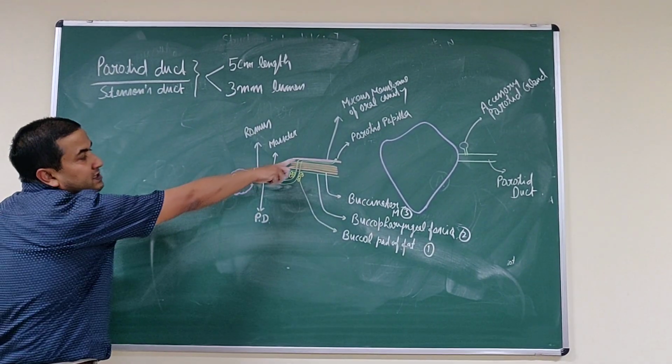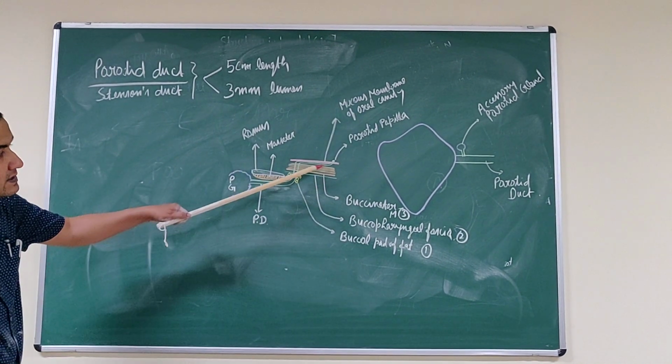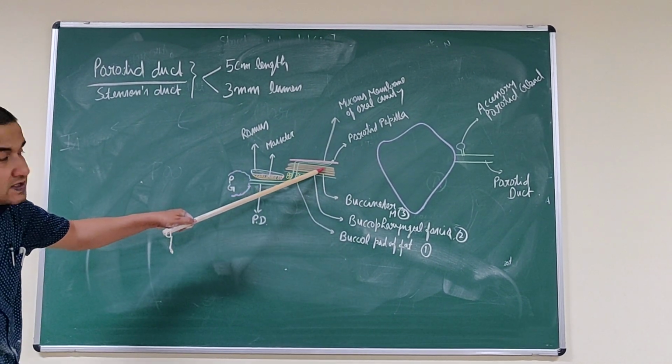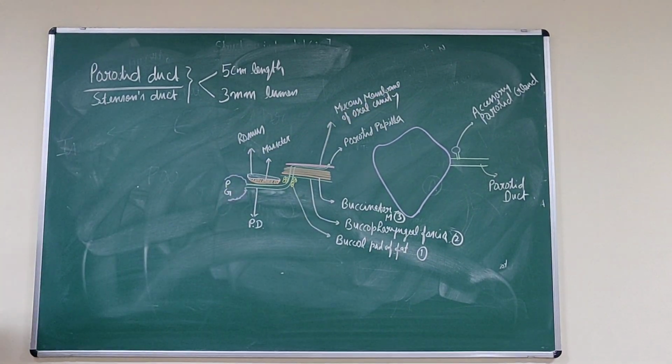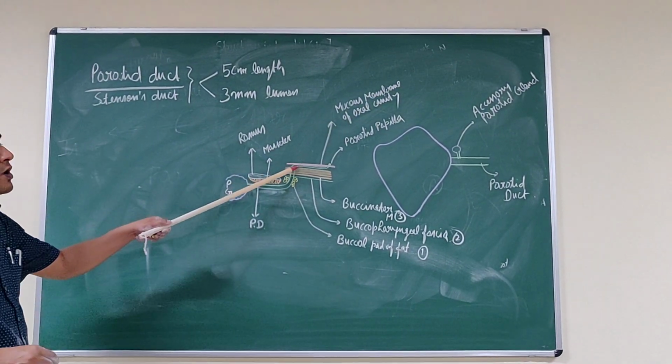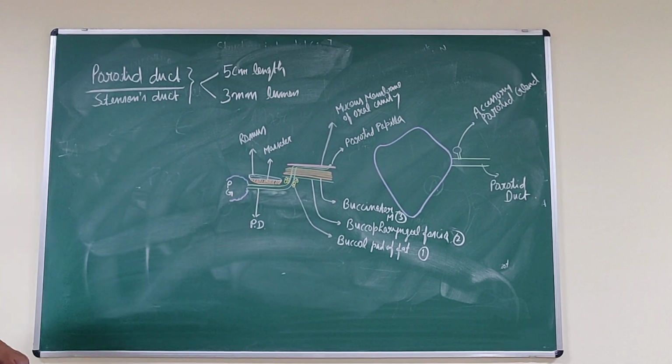Then it makes the second bend and runs between the buccinator muscle and the mucous membrane of the oral cavity for about 1 to 2 centimeters.